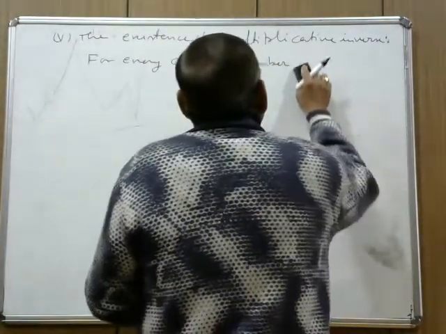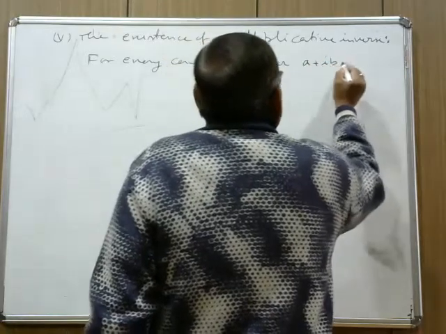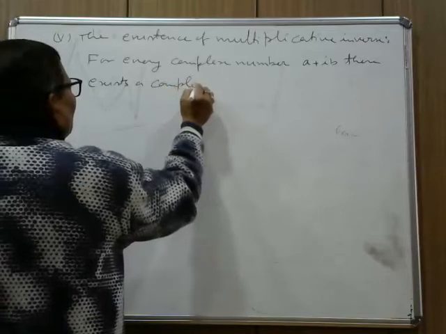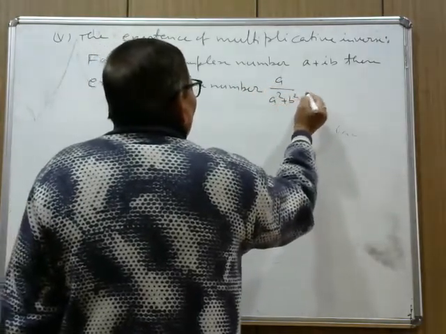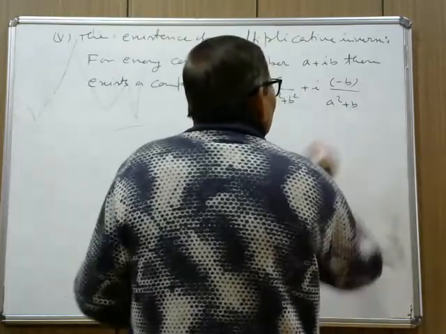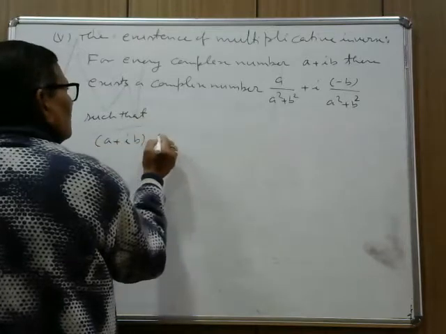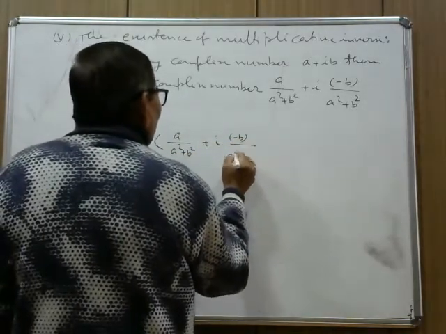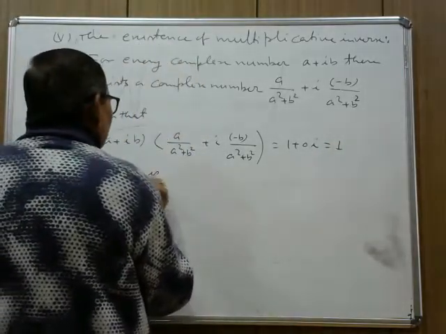For every complex number a plus ib, there exists a complex number a upon a square plus b square plus i into minus b upon a square plus b square, such that a plus ib multiplied by a upon a square plus b square plus i into minus b upon a square plus b square is equal to 1 plus 0i equal to 1, and 1 is the multiplicative identity.